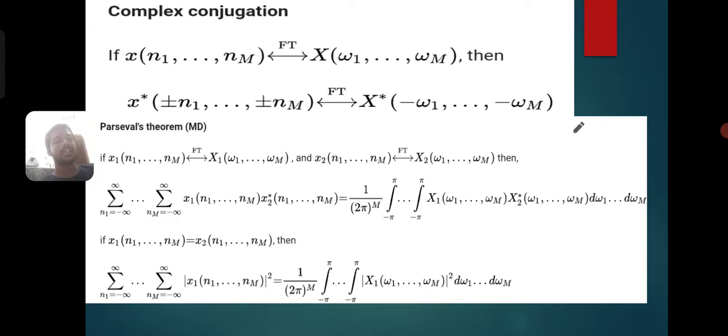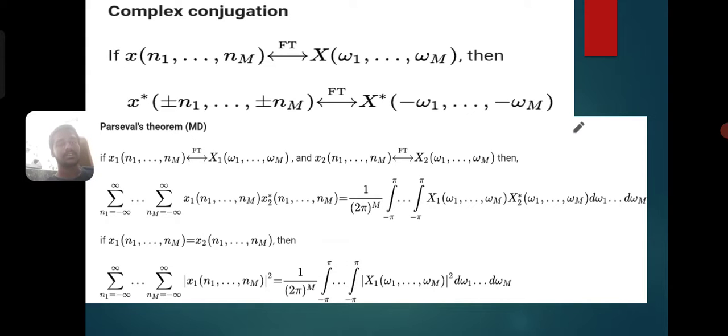Parseval's theorem, multidimensional: if x1 of n1 so on to nm has the FT X1 of omega 1 so on to omega m, and x2 of n1 to nm has the FT X2 of omega 1 to omega m, then the sum from n1 equals minus infinity to infinity of x1 of n1 to nm times x2 conjugate of n1 to nm equals 1 by 2 pi to the power m, integral from minus pi to pi of X1 of omega 1 so on to omega m times X2 conjugate of omega 1 to omega m, d omega 1 so on to d omega m.